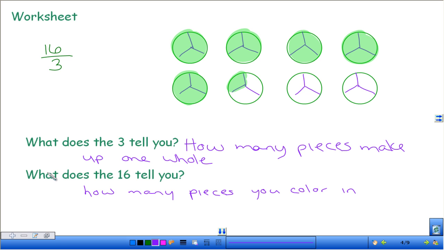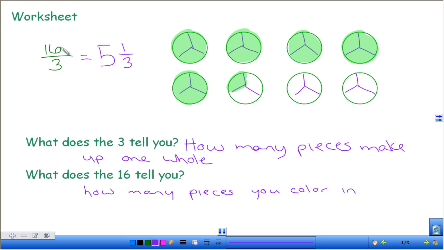Does everybody's look pretty close to mine up here? Okay, so now we can look at this picture and we could change this to a mixed number by looking at our picture. How many wholes do we have colored in? We have 1 whole, 2 wholes, 3 wholes, 4 wholes, 5 wholes. And then we have what fractional part colored in? 1 what? 1/3.